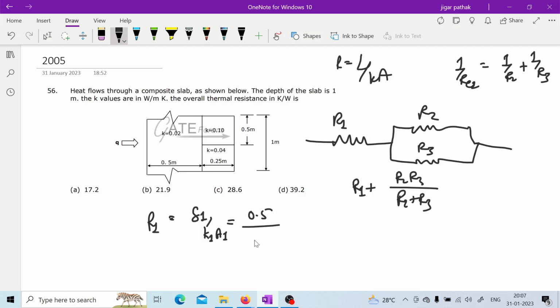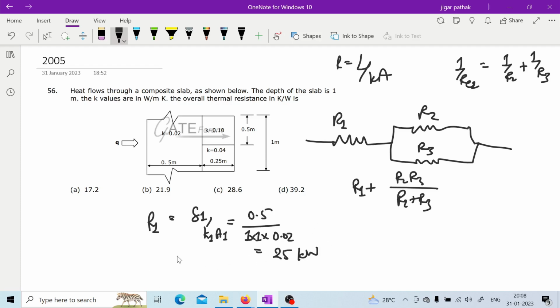So here area is 1 into 1, and this K1 is 0.02. So this way R1 is 25 kilowatt. Correct? Yes or no? Yes, sir. So this is for R1.